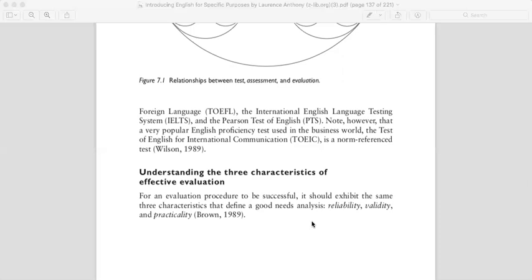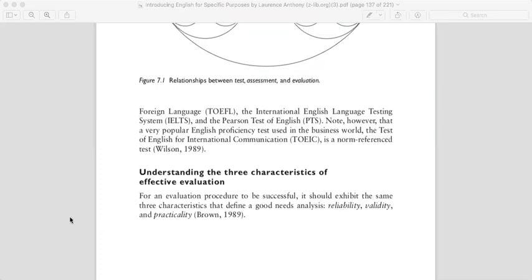So everyone who is doing this evaluation would want it to be effective, right? So let's see what are some of the terms and what are some of the characteristics that we use in order to define the effectiveness of evaluation.